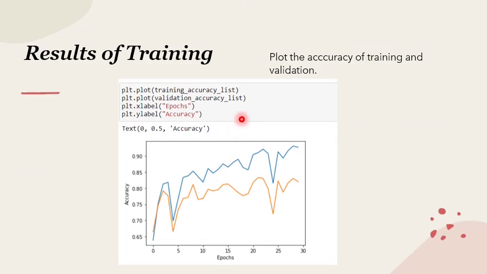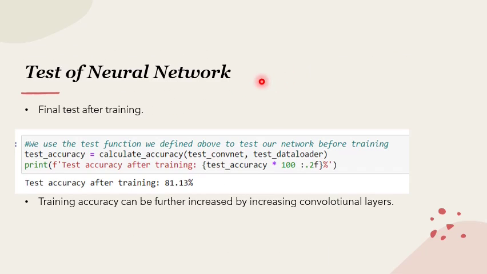As a result of training, validation accuracy increases to 90%, as is seen. Finally, we evaluate our model with the test dataset, and the test accuracy after training is 81%. This is good, but not enough, and accuracy can be further increased by increasing convolution layers from 3 to 50 layers.